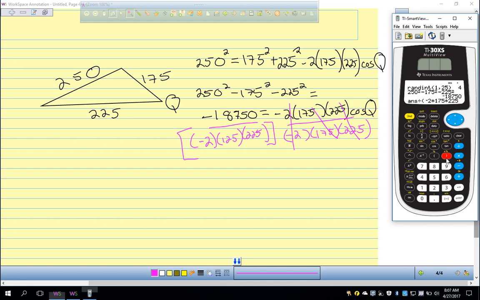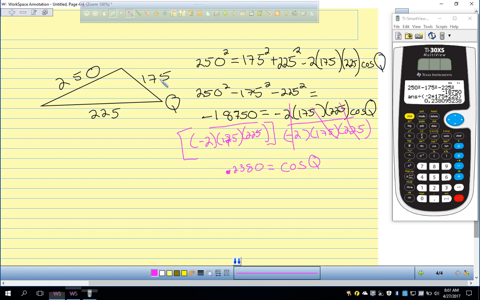Close that parentheses, and then I'm going to hit enter, and I get a decimal answer, okay? And that's good because that means that the cosine of Q by itself is equal to about 0.2380, right? And if that's a negative number, that's okay.